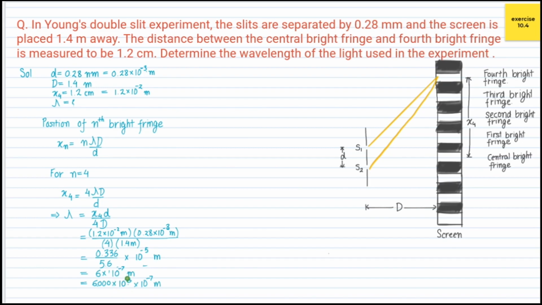Now 10 to the power minus 3 and 10 to the power minus 7 is 10 to the power minus 10, and the SI unit is meter. So 6 times 10 to the power minus 10 meter is your angstrom. This 10 to the power minus 10 is the angstrom. So I'll write 6000 angstrom. So the wavelength of the light used is 6000 angstrom.